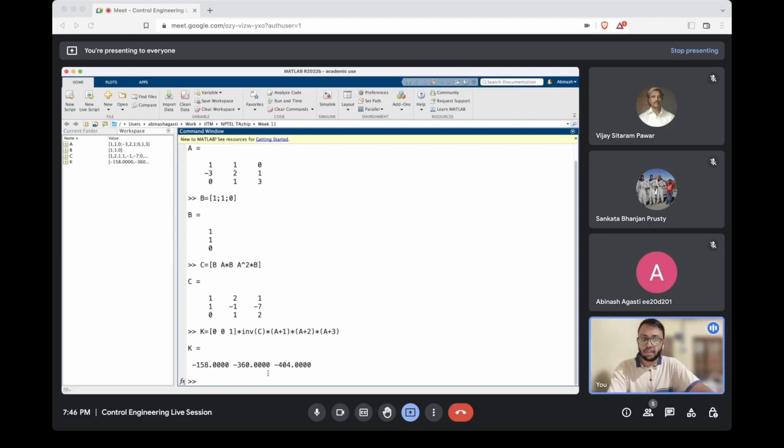So this is what we get. The desired controller is given by these values. Minus 158. Let's write it down. Give me a moment. Yeah. Is it correct? Yeah, it should be correct.